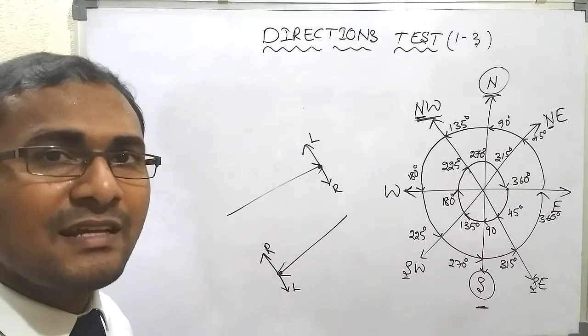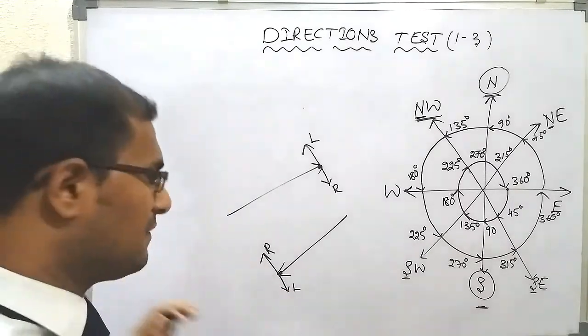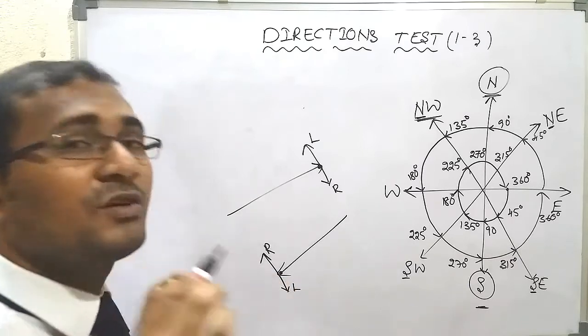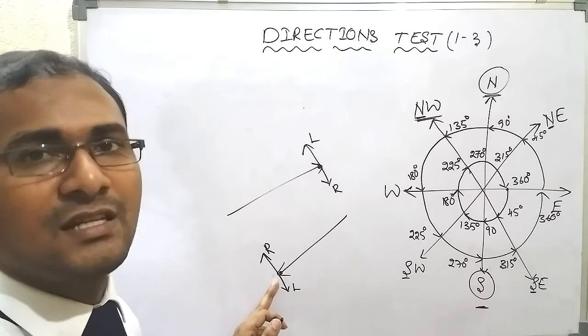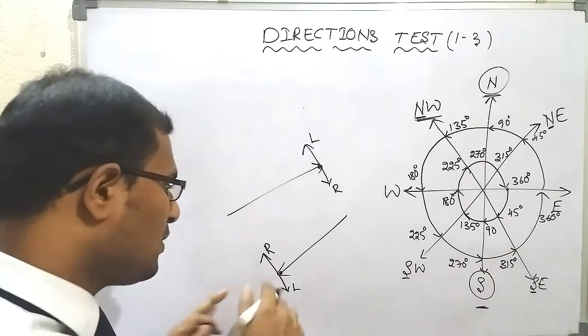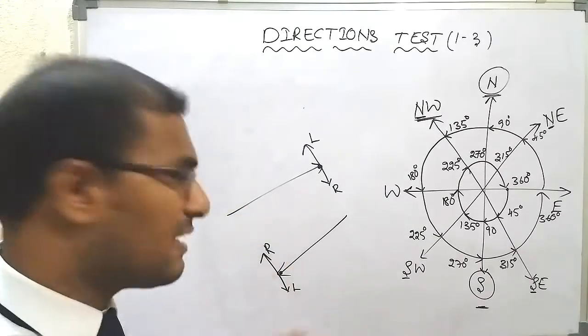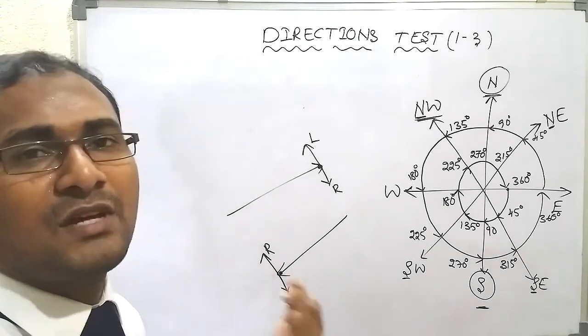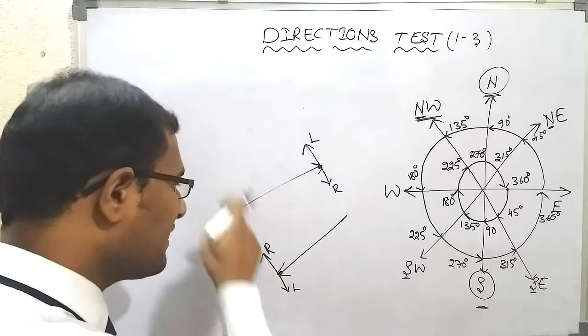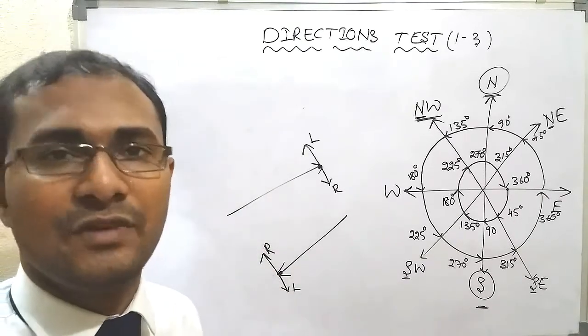So the thing is that you have to imagine yourself at the last point to decide that particular person's right hand side and left hand side, and you have to imagine in the same direction as that of the person who is facing in that particular direction. In the same direction you have to imagine your direction also, then you will get right hand side and left hand side very easily.